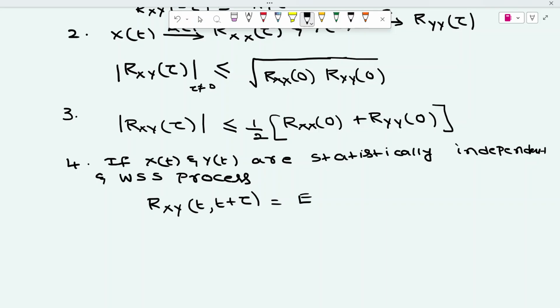It is nothing but expectation of x of t into y of t plus tau.